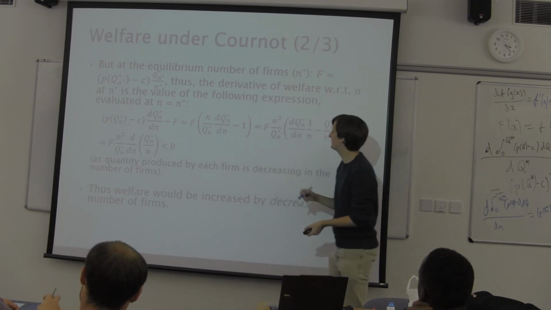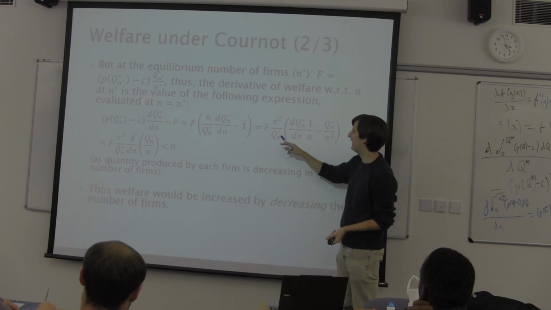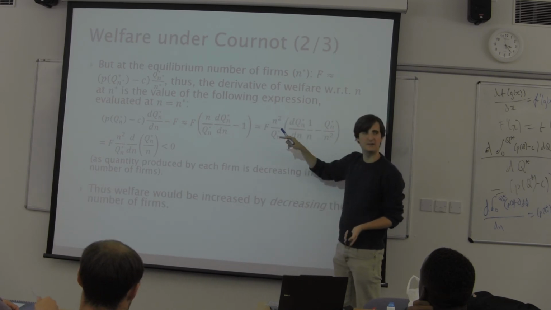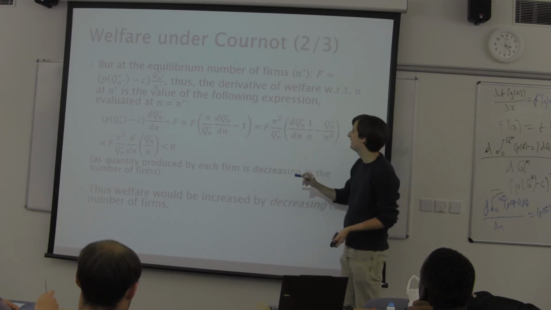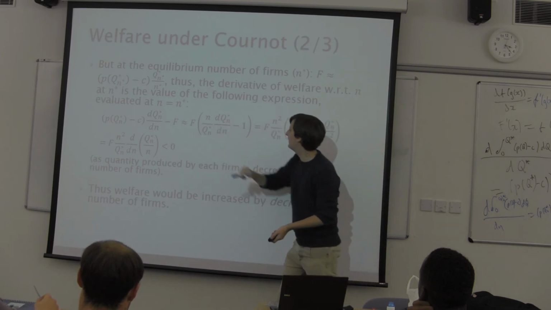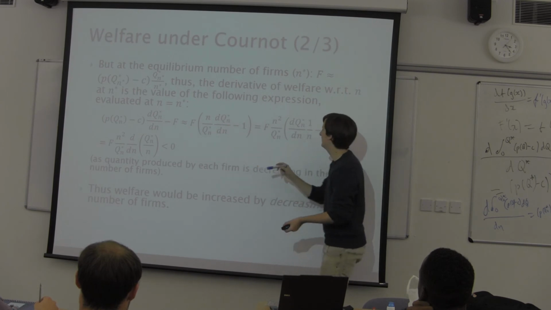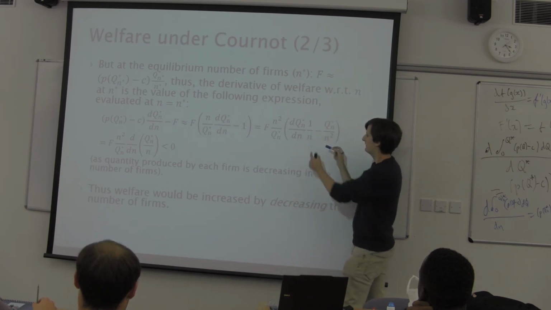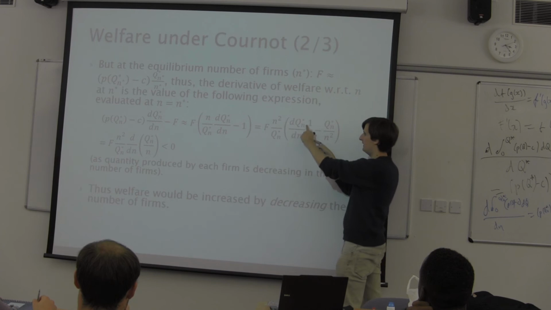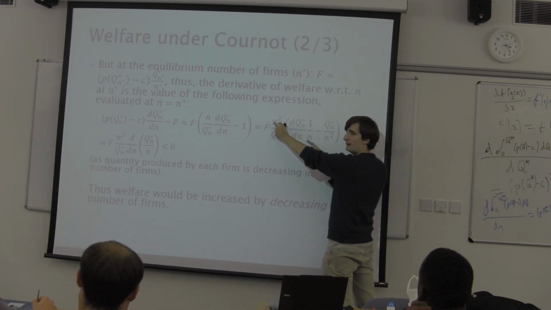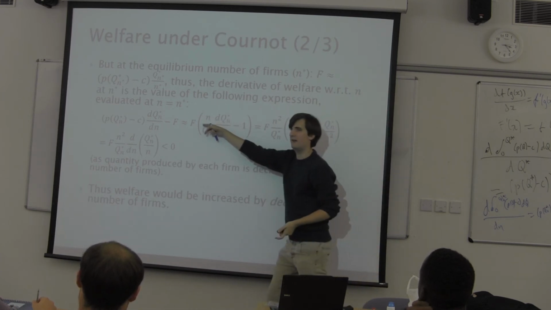The next strange trick we're going to do is take n squared over q out of the brackets. If we take n squared over q out, we've got n over q here, so that gets rid of most of that. But we need a 1 divided by n here, since 1 divided by n times n squared gives us n, which gives us that n.